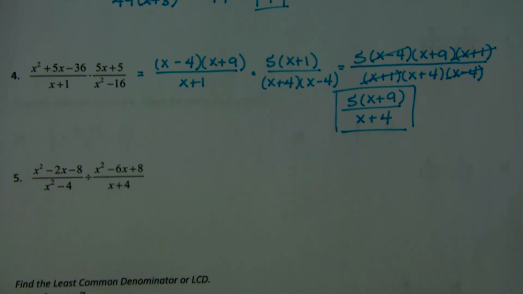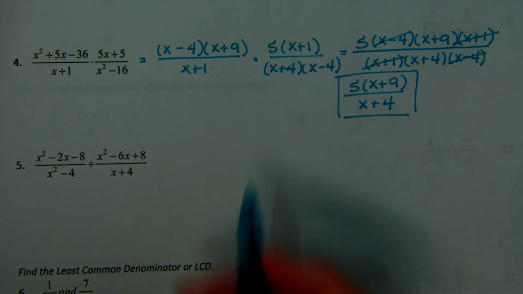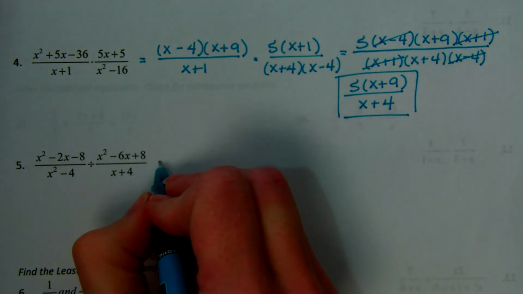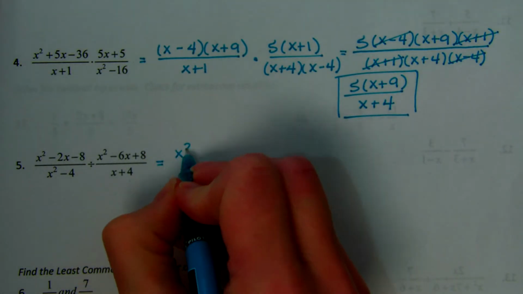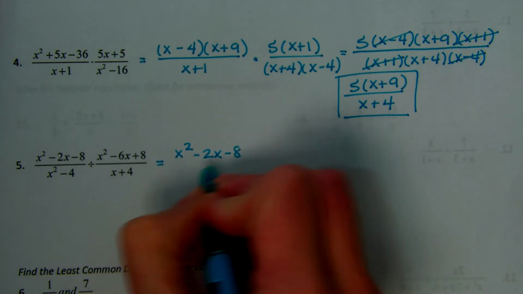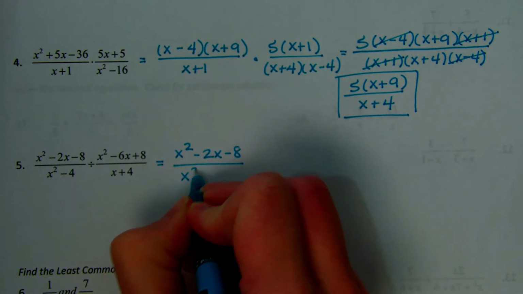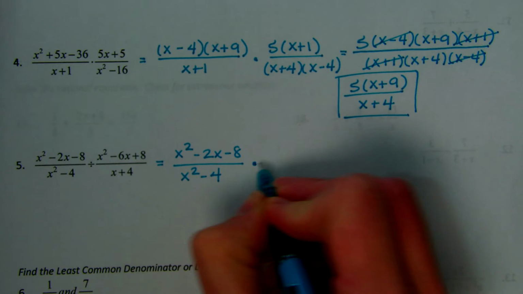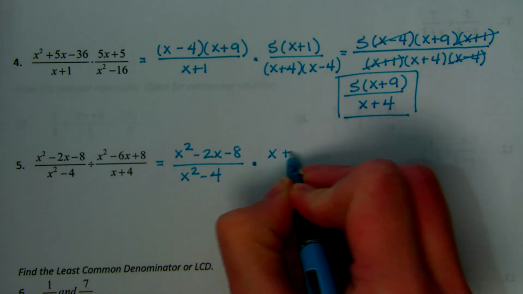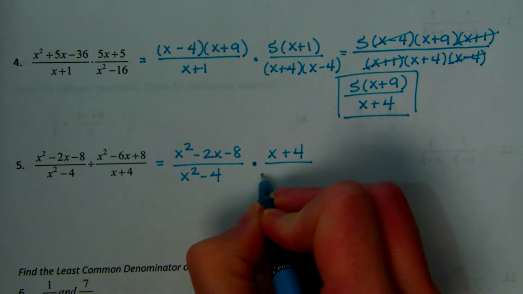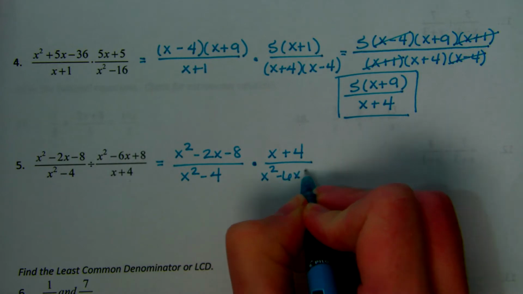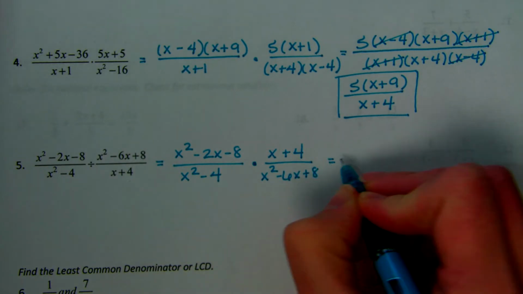All right, remember that when we divide, what we do is we flip the second fraction and multiply. So this is x squared minus 2x minus 8 over x squared minus 4 times x plus 4 over x squared minus 6x plus 8.